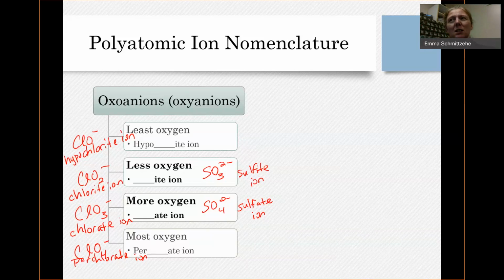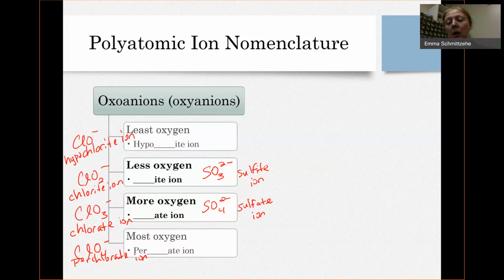You also need to be familiar enough with them that you can recognize them when they're part of a compound. So if you see a compound and somewhere in that you have SO3, then that's probably the sulfite ion combined with some cation. Because then that'll help you when you're doing ionic nomenclature. You've got to be able to pull out those ions.